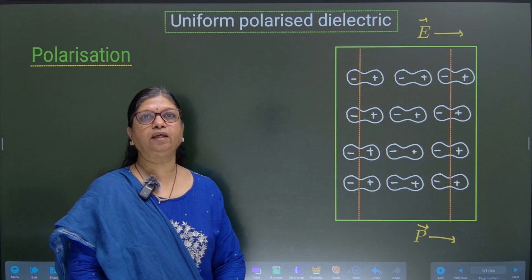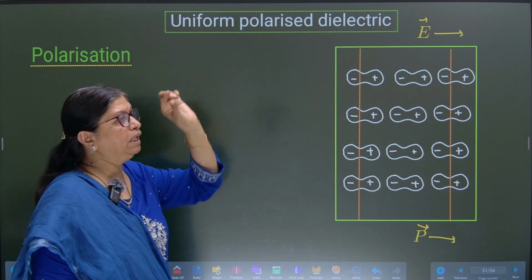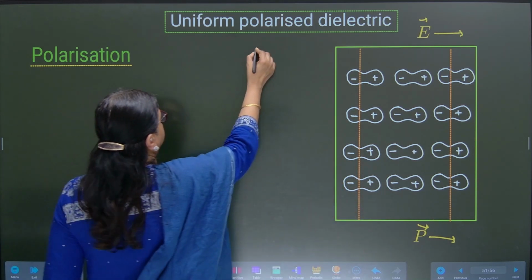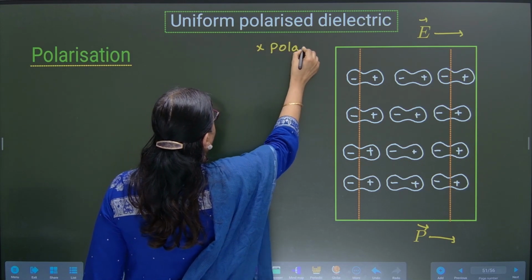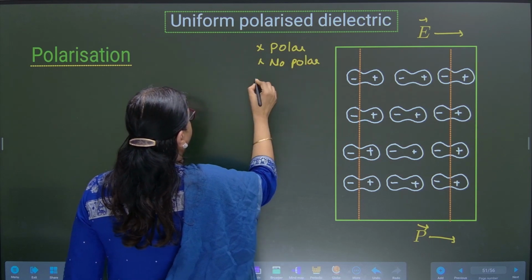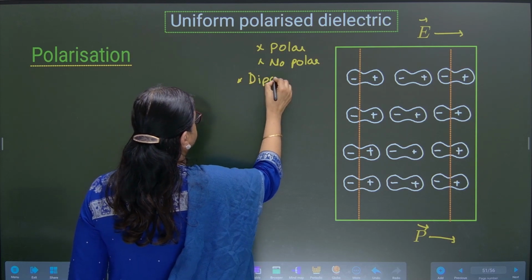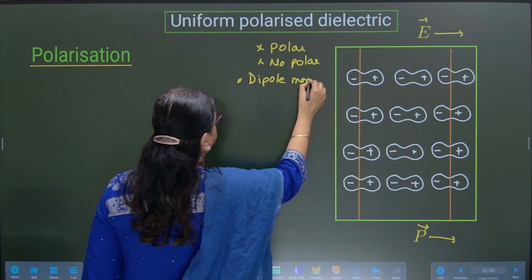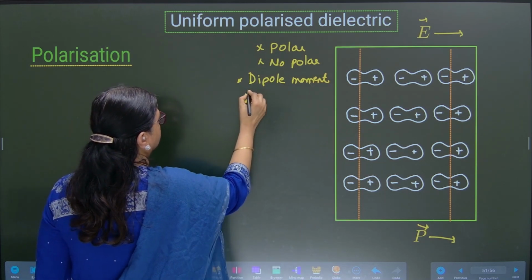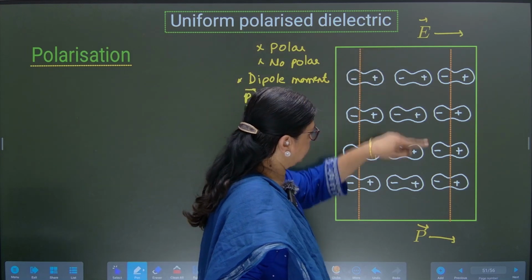So now we move to the topic of polarization, uniformly polarized dielectric. In the previous pages of this video, we saw that whether a polar or non-polar dielectric, there will be a net dipole moment in the direction of the external electric field, as can be seen here.